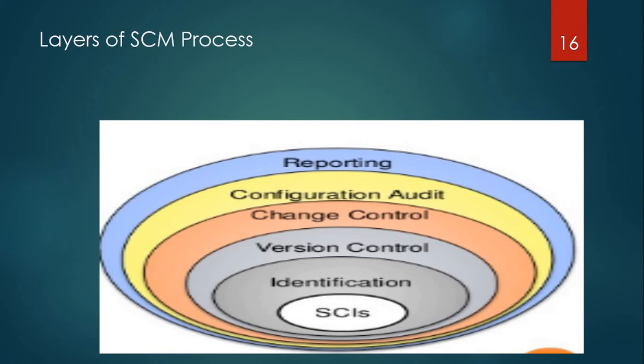The SCM process is layered. At the base there will be SCIs, after it identification, version control, change control, configuration audit, and last, reporting. We will discuss all of these one by one.